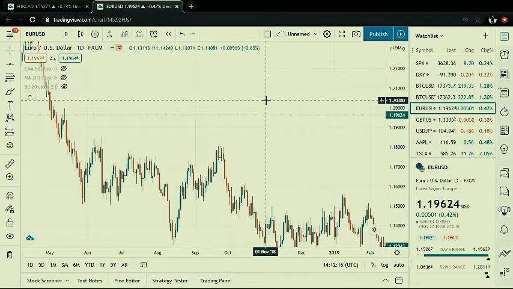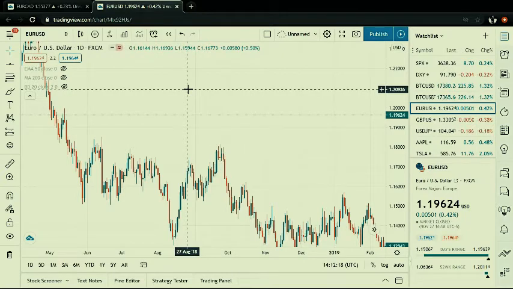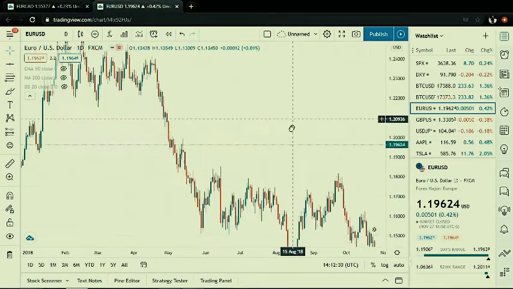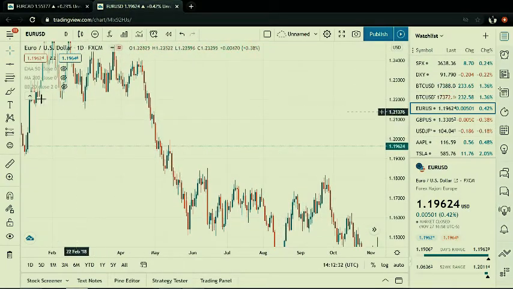So first of all, fundamentally, you don't trade against the market. Very important. When the market is trending down, you want to look for entry points for the price to go down. For example, this one in front of me is currently trending down.